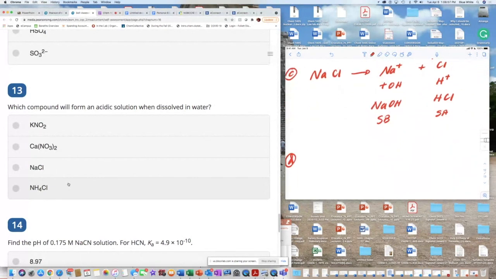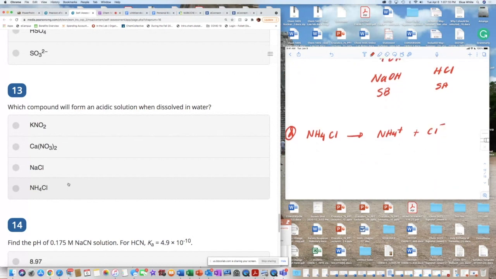Okay, finally, the last one. NH4Cl. This forms NH4+ and then Cl-. So here is where things get a little bit complicated, but anyway, here. You add H+, you add OH-, and we get NH4OH. This is not a metal hydroxide, right? It's a non-metal hydroxide.